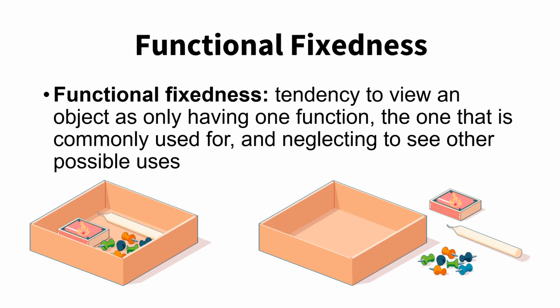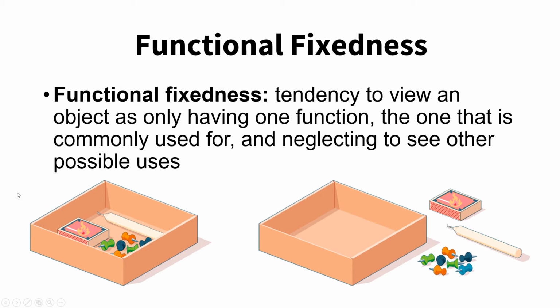However, if they have the exact same setup, with the exact same materials, but this time they give them a box, some pins, and the matches all separately, all of a sudden it becomes easier to perceive this box as a tool that we could use. When they're given separately like this, people tend to stand the candle in the box to prevent it from dripping on the table, which is a much simpler solution.